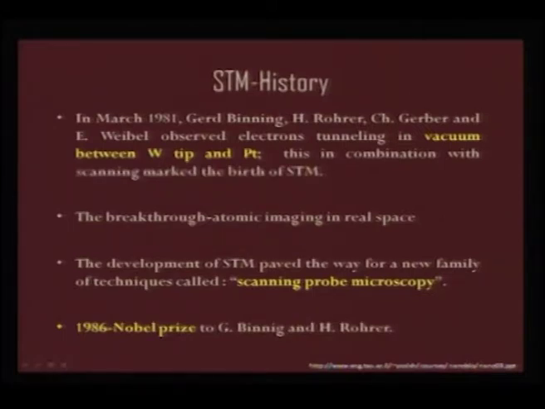The path breaking discovery led to atomic imaging in real space, and not only that, STM paved the way to a new family of techniques called scanning probe microscopy. SPM is the normal way the microscopy is referred to, but it can also accommodate various other tunneling microscopic techniques.